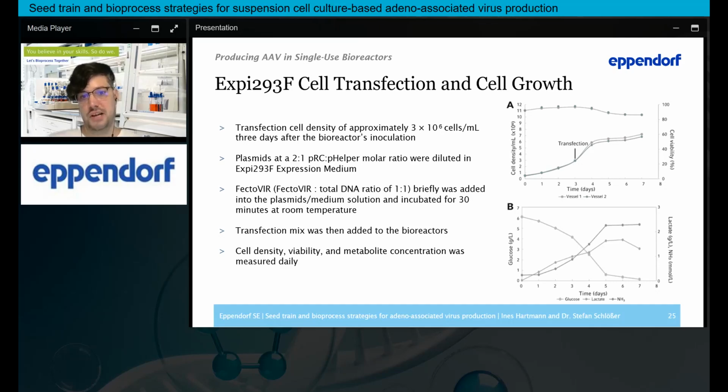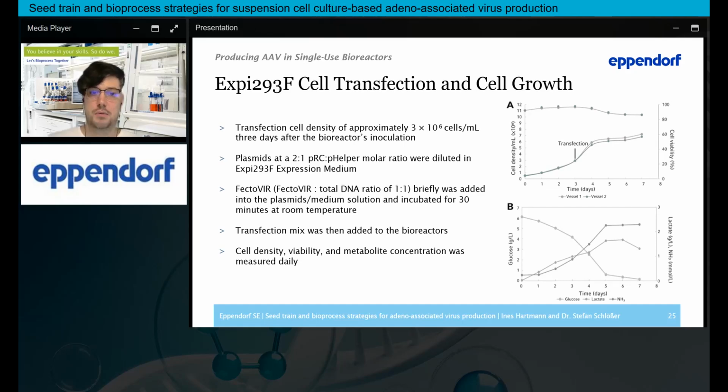These are basically the results and how it was done in detail. We can see that the whole experiment timeframe was 7 days. And 3 days after inoculation of the bioreactor, when the cells reached about 3 million cells per milliliter, the transfection was done. For this, the plasmids, so the pRC and the pHelper plasmids, were mixed at a molar ratio of 2:1, together with XP293F expression medium.